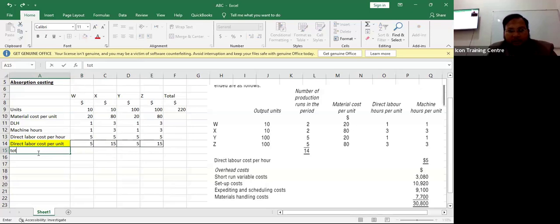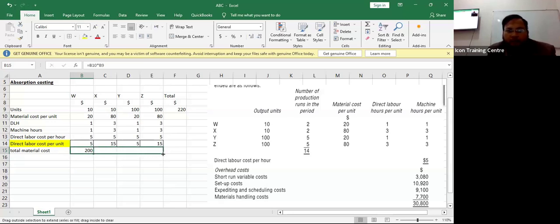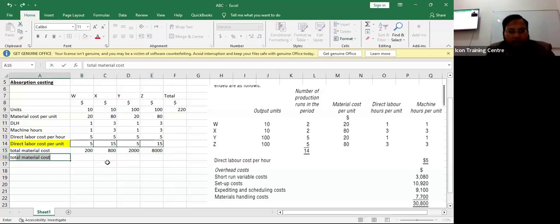Now we take total material cost. And how do we find total material cost? Per unit material cost multiplied by number of units. So $200 for W, $800 for X, 2,000 for Y, and 8,000 for Z. And how do we calculate total direct labor cost?